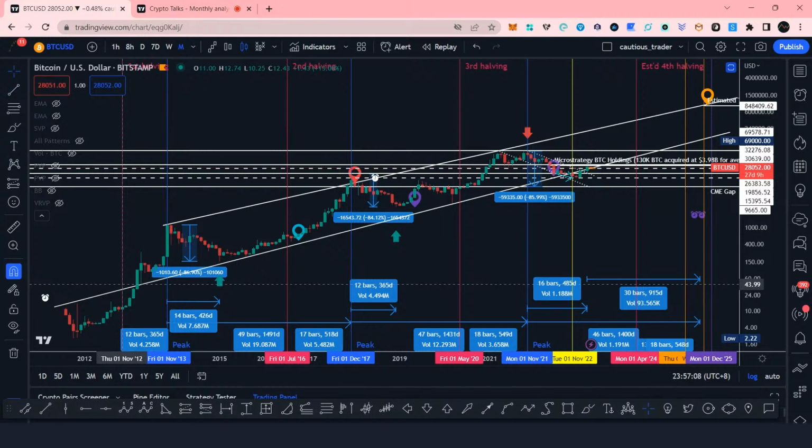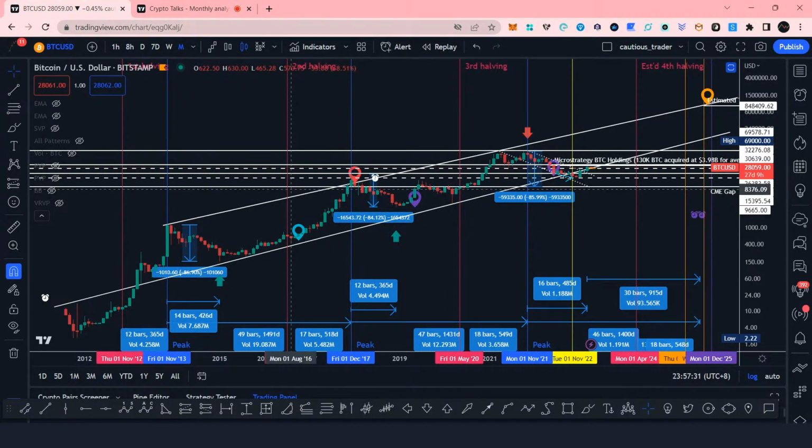In every cycle, there are actually 4 years. More or less 1 year is the bear market, and the remaining more or less 3 years is the bull market. I also added the red lines here as the halving.